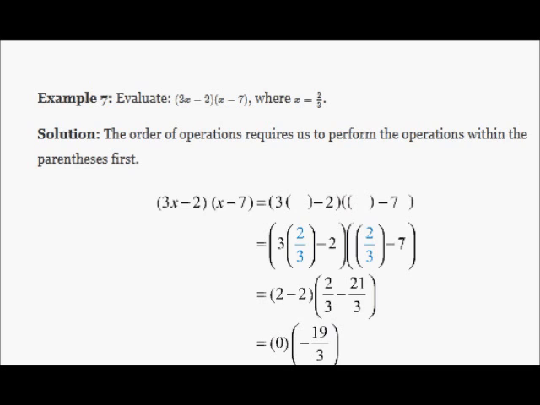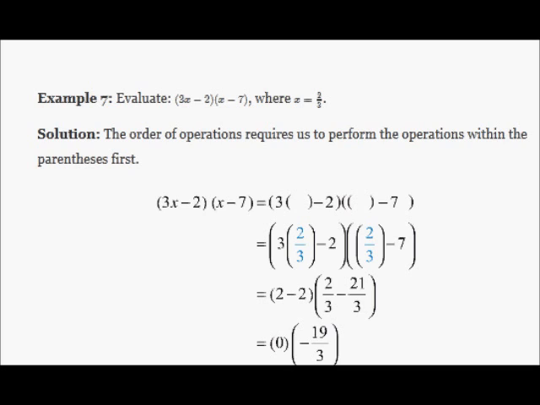So here you have parentheses and parentheses within parentheses, because you're dealing with the variable x. Okay, so what do I mean by that? That means I want to solve 3x minus 2, and I want to solve x minus 7 before I think about multiplying 3x minus 2 times x minus 7.